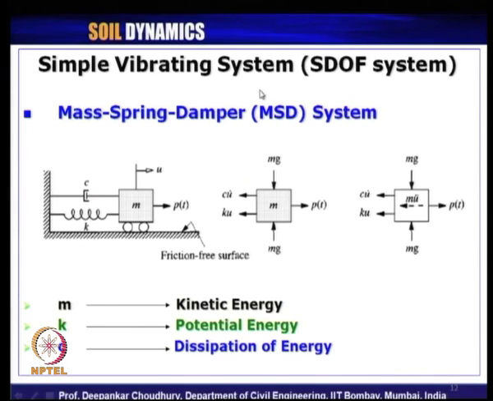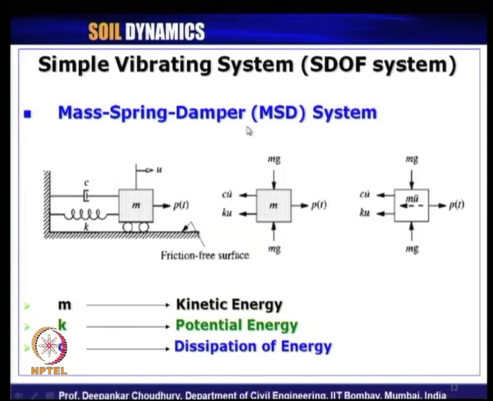If we now look at the slide here, it says for a simple vibrating system with single degree of freedom, the mass spring damper system is the basic unit. So, let us take a single degree of freedom system with a mass m, a spring with spring constant k, and a damper with damping coefficient c, which represent these three basic units of any simple vibration.